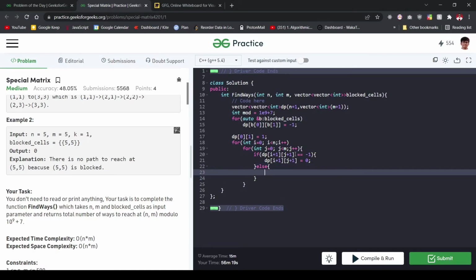And after doing this, if that is not the case, then we'll add up the values from the cell above it and the cell immediately to its left. And for that we'll consider this current cell again, and we'll consider the cell above it, that would be dp of i comma j plus 1, and add it with the cell immediately to its left, that would be dp of i plus 1 and j.